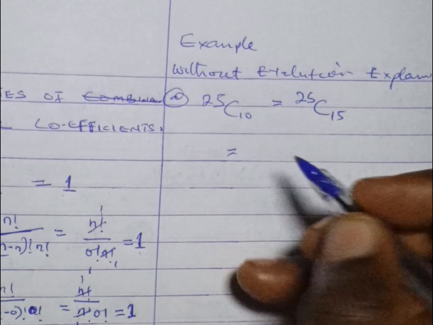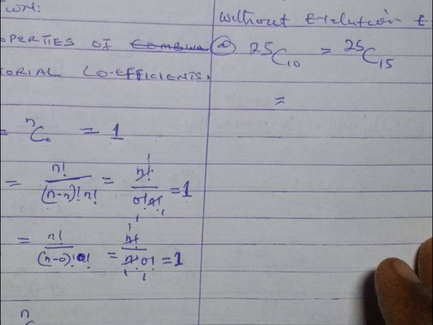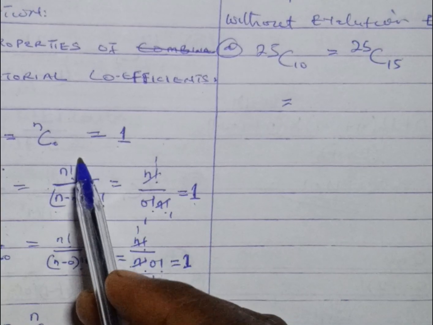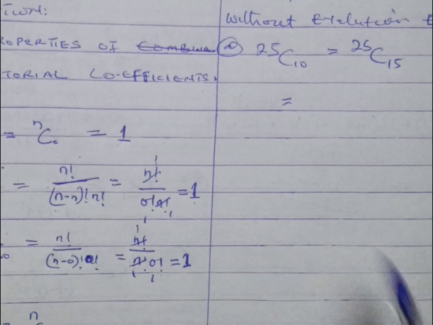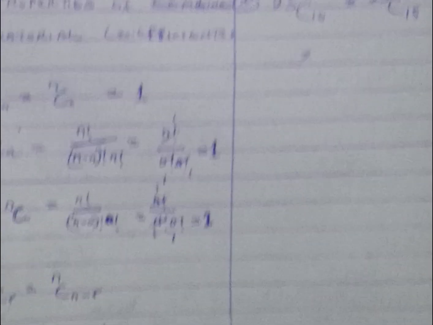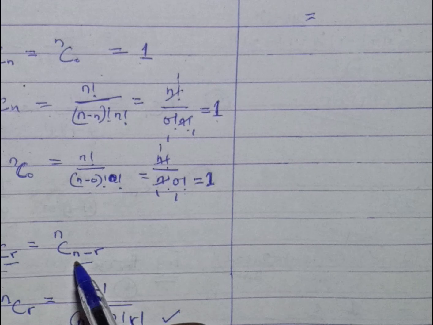Simple. You can just state one of the properties. Which of them will have this one, nCn, nC0 is that one. We also have this one. I think it is this and this.